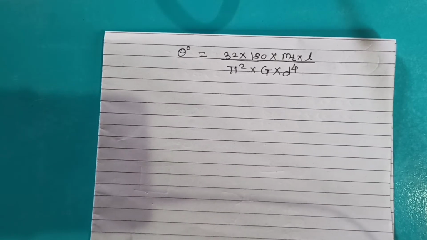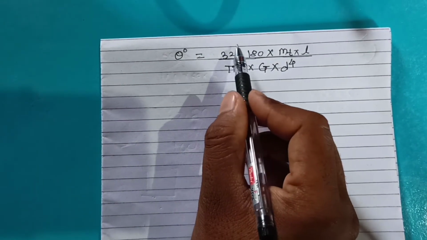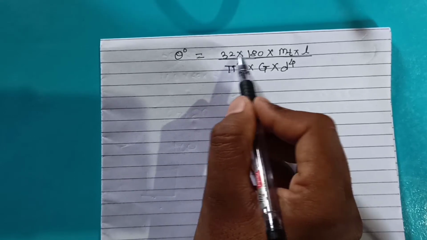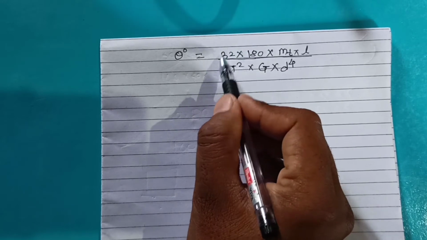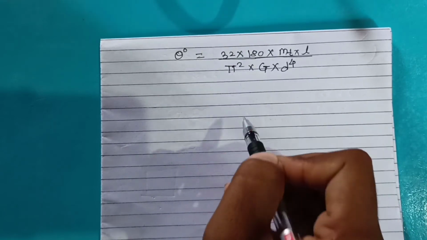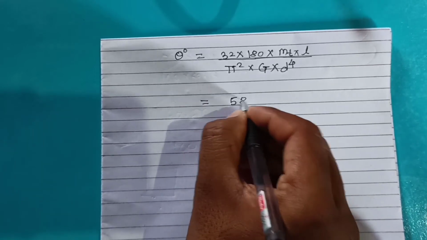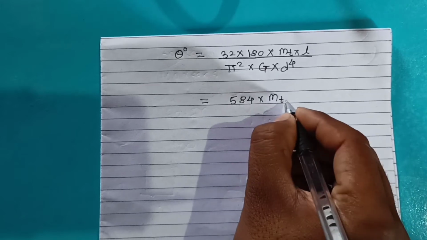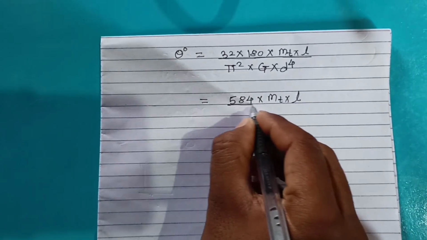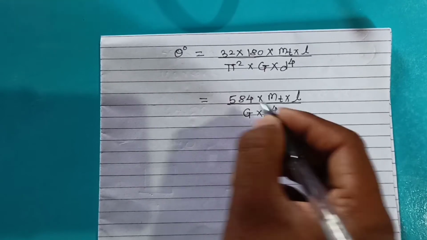Now put these values in the calculator: 32 into 180 divided by pi square gives 584. So theta is equal to 584 into Mt into L divided by G into d raised to 4.